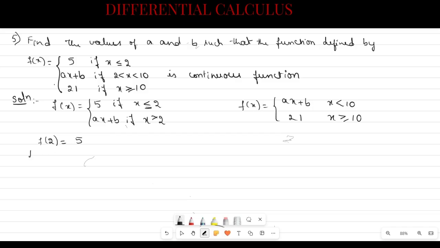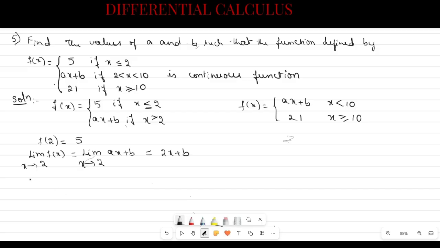Then let me find the limit of the function. Limit of f of x as x tends to 2 is equal to limit of ax plus b as x tends to 2. So when you apply the 2 value in the place of x, it becomes 2a plus b, isn't it?